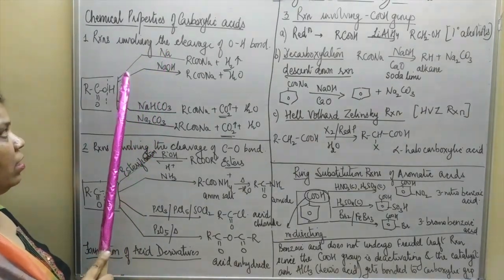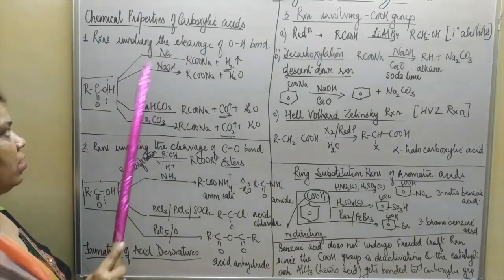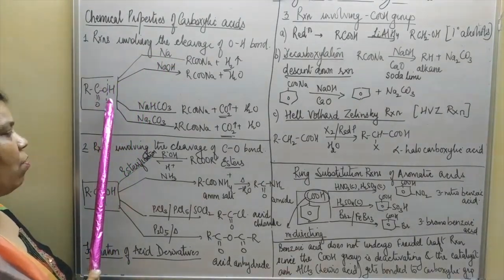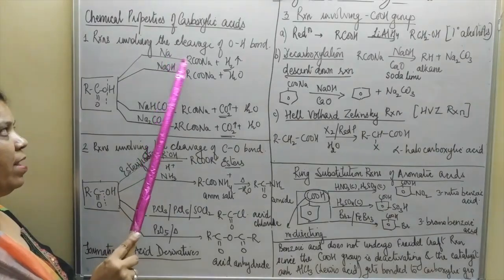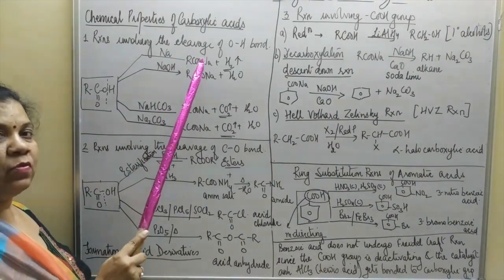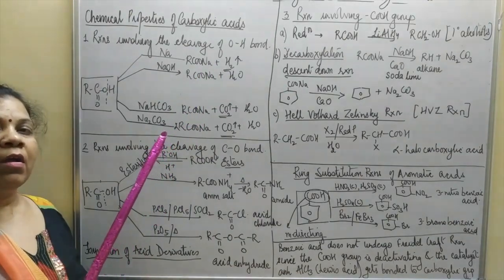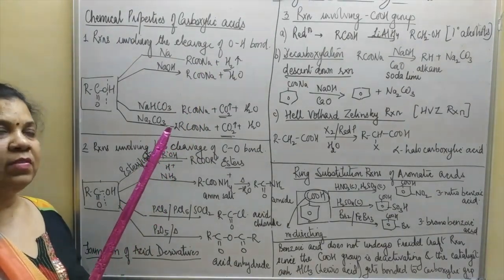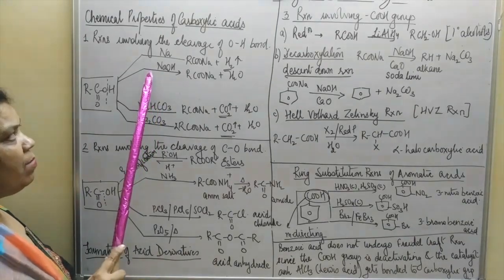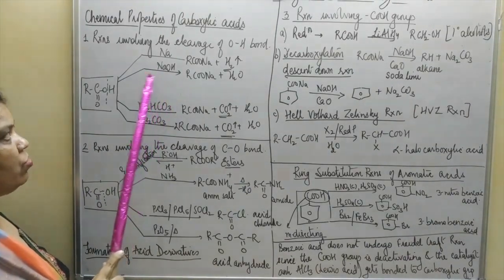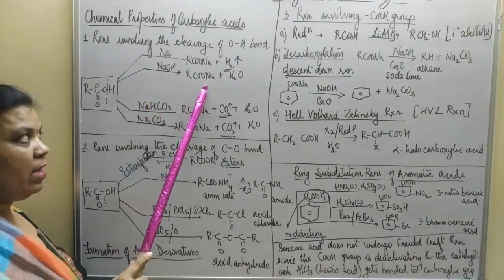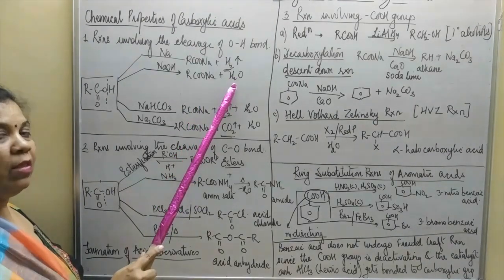With Na, that is electropositive sodium metal, the acidic hydrogen of carboxylic acid gets replaced by sodium, forming sodium carboxylate, resulting in the evolution of hydrogen gas which burns with a pop sound.